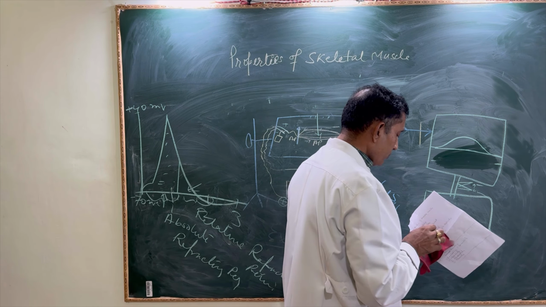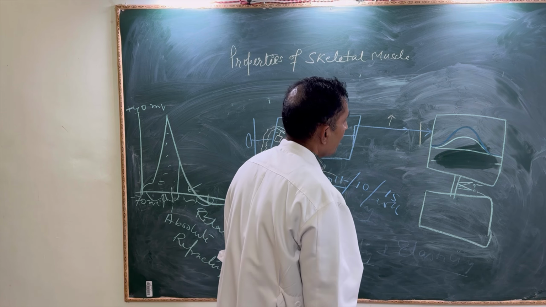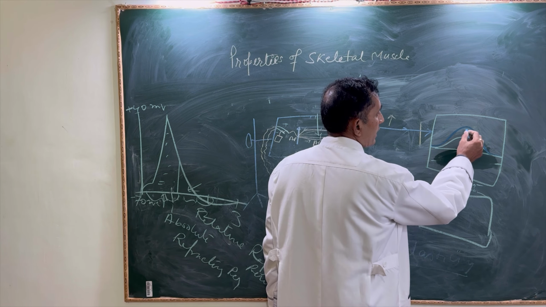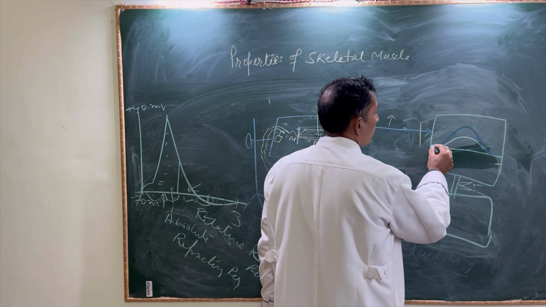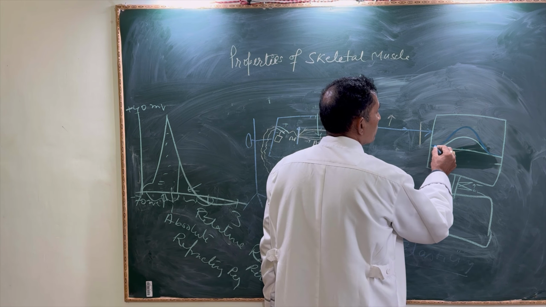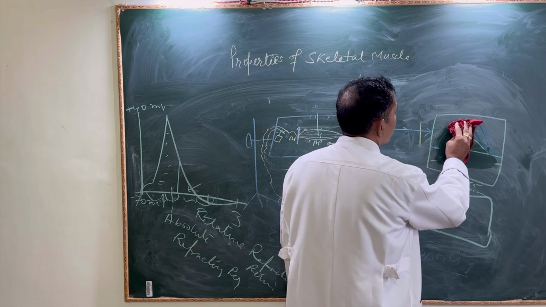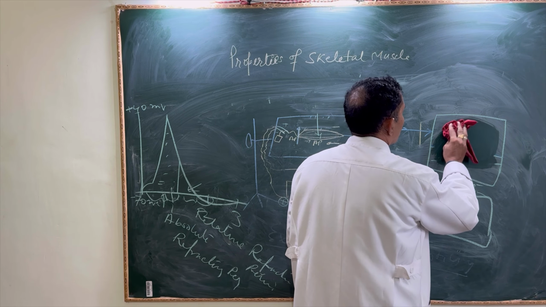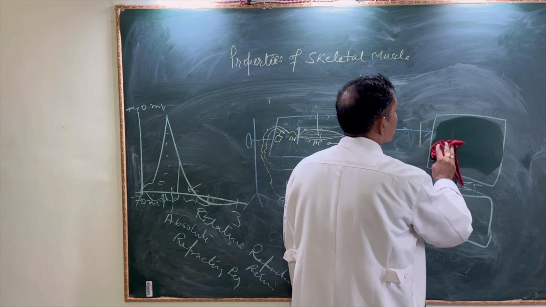We will have either this one, or we will have, see here the graph. I think it is not easily understood, so again I am removing this.